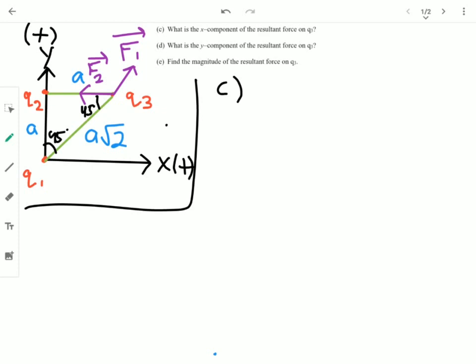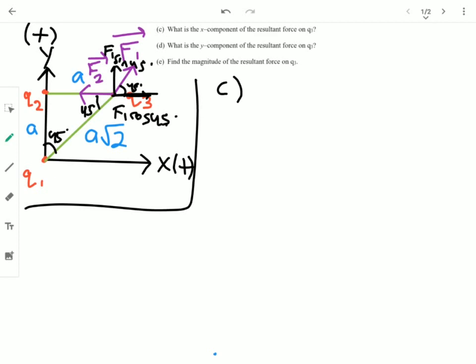Since these angles are congruent, this is also 45 degrees. So I know that this is F1 cosine 45, and the vertical one is F1 sine 45, right? So the first question is, what's the X component of the resultant force?